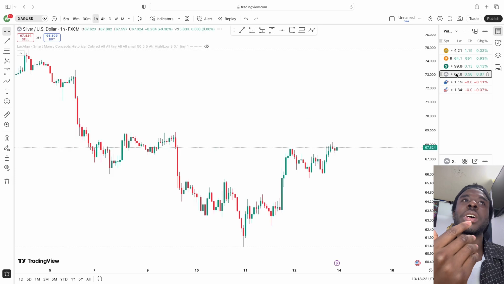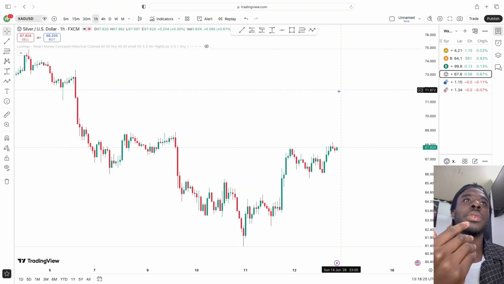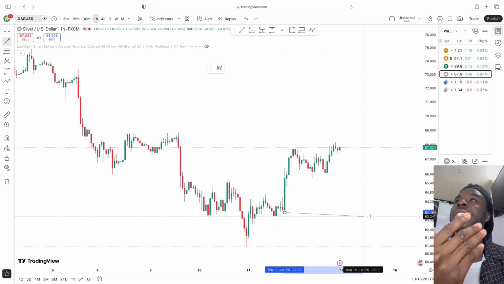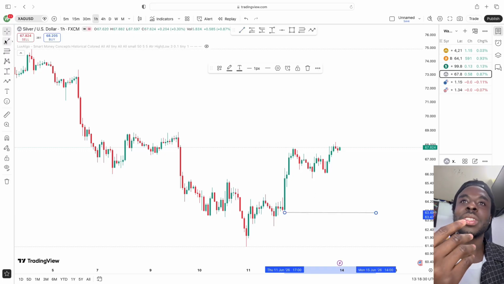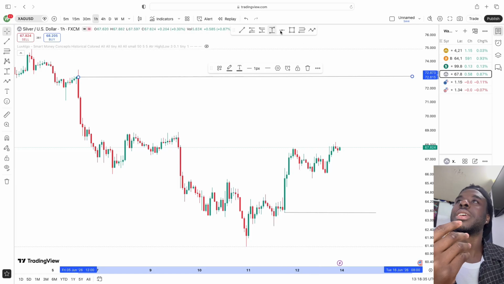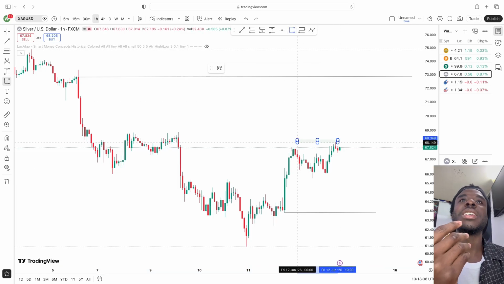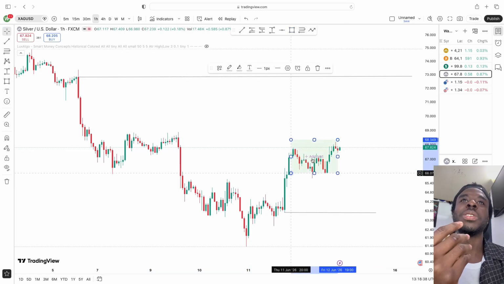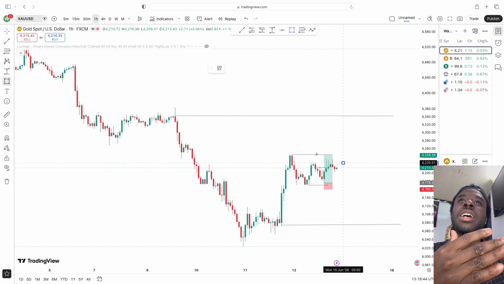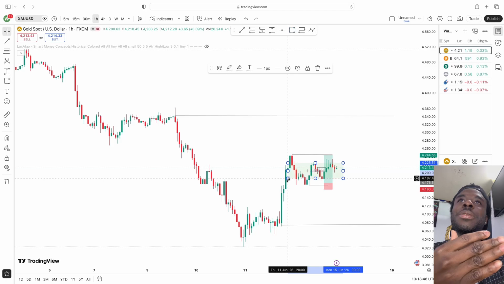Let's go to silver. This is silver. Silver also has the same thing here, and also here, right? And we are currently in a consolidation market. Euro USD has something like this. Gold has the same thing like this.